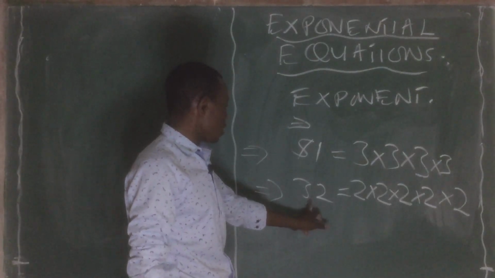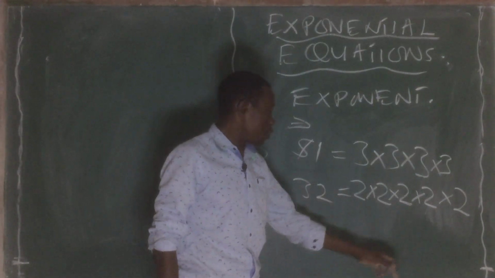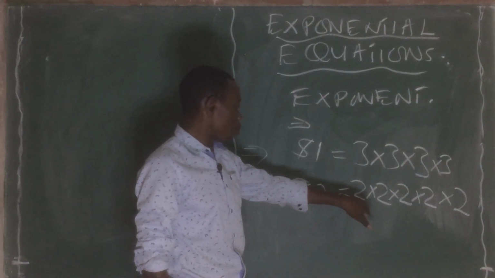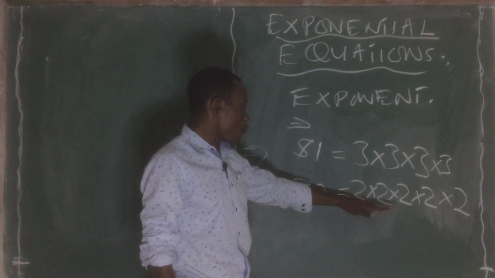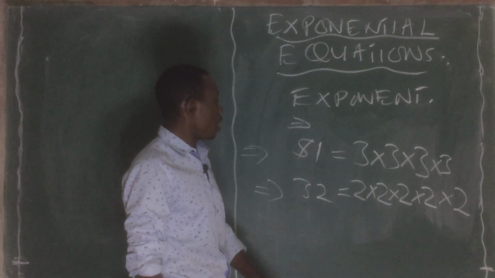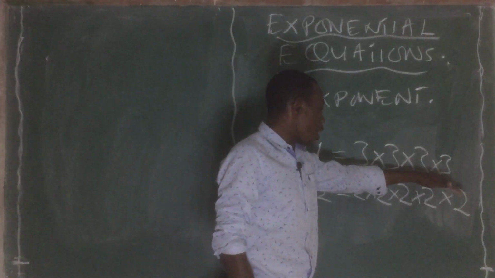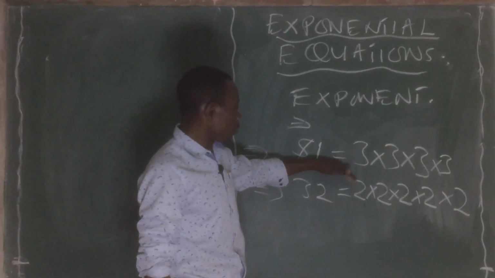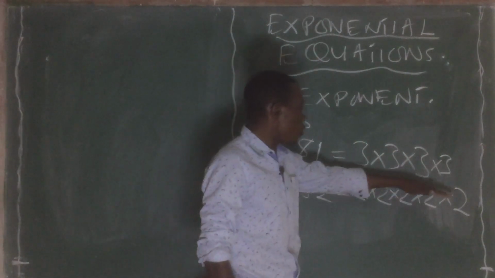So 32 in factors of 2 means we multiply 2 five times in order to get 32, and 81 is 3 multiplied 4 times to get 81.